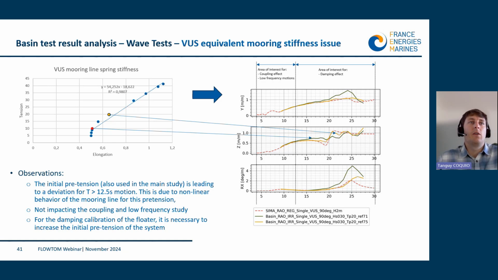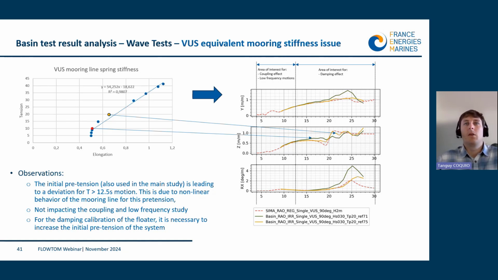There was no linearity, and when we pretension the system more, for the yellow point for example, we were more on the linear part of the curve for the spring.